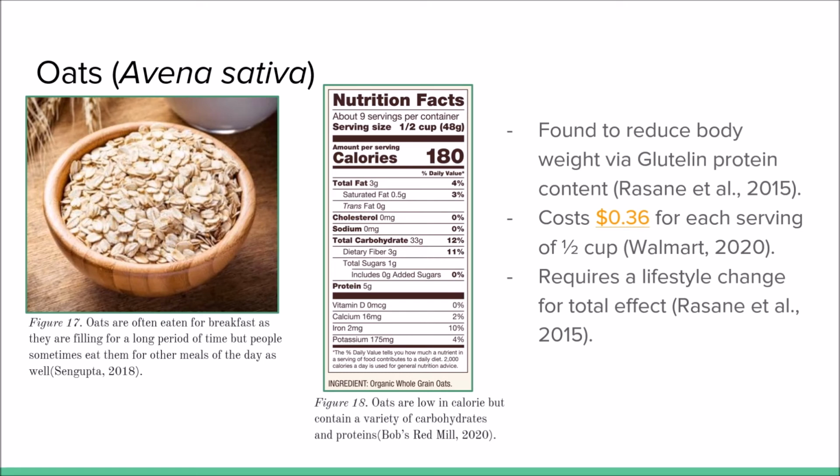And it costs 36 cents for every half cup, which is a little bit more than green tea, but that's still very feasible as this is pretty much enough for a single person's breakfast. And just like green tea, it requires a lifestyle change for the total effect.